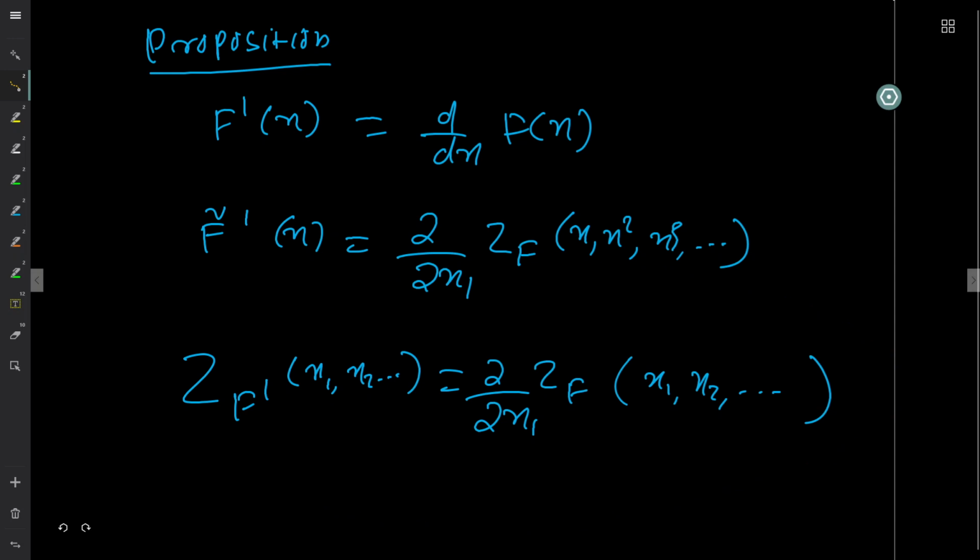So from this, if you just substitute with x squared, you will get this one naturally. Again, we are not going to prove this, but just keep in mind that these can be rigorously proved.